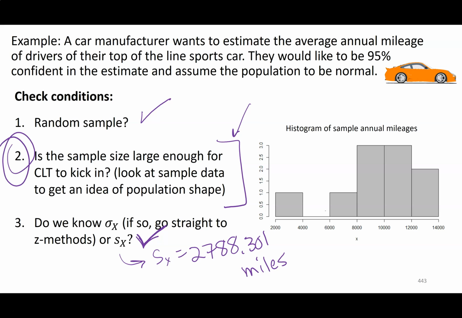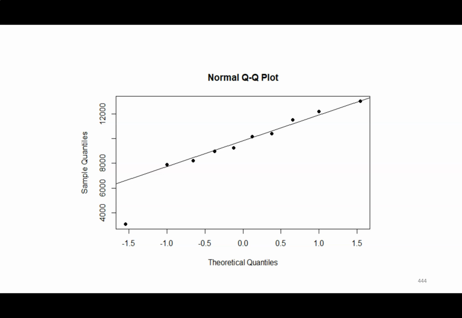So focusing on number 2, I want to introduce, we have a plot called the QQ normal plot. And I want you to know that just kind of looking at that histogram, it was difficult, especially with only 10 observations, to see if it was roughly normal, right? So looking here, a normal QQ plot, you're not going to be responsible for creating one yourself. Just know that we have this tool.